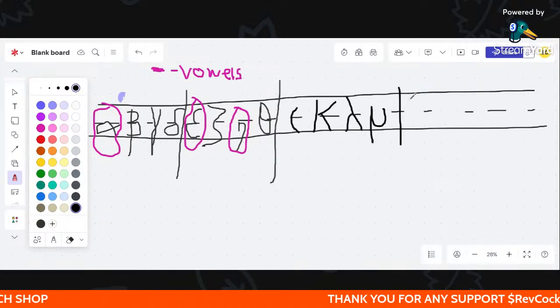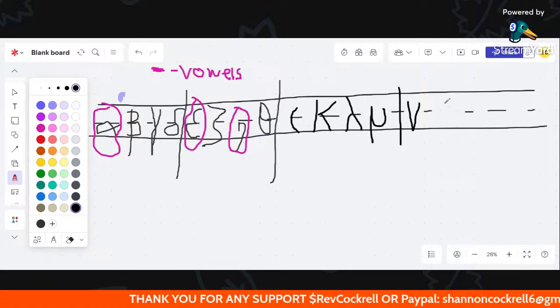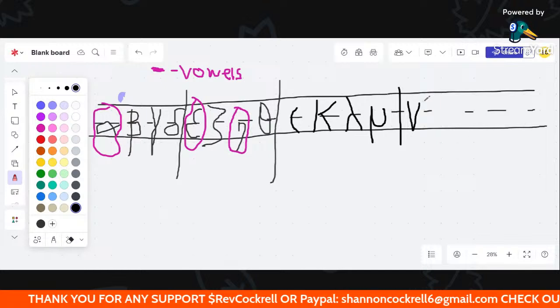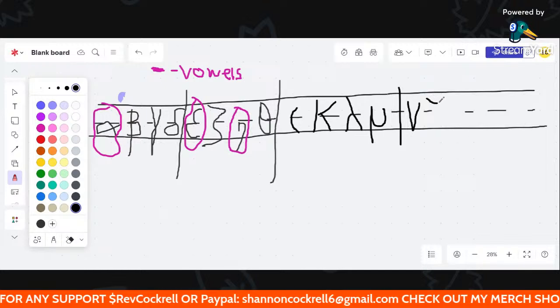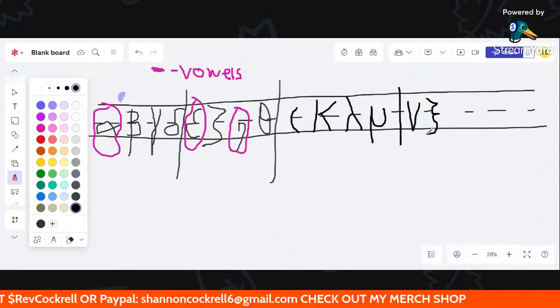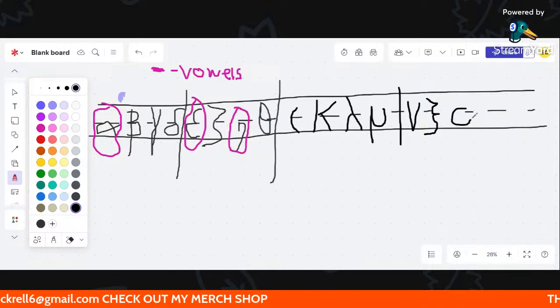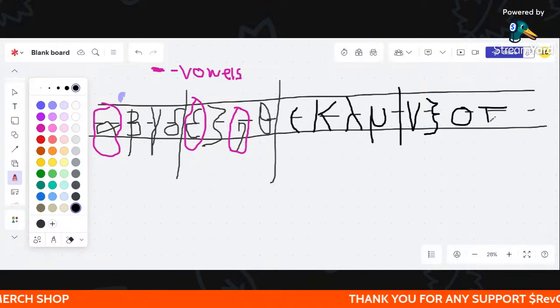Then you have nu, which looks like a V, xi, omicron, P or pi.